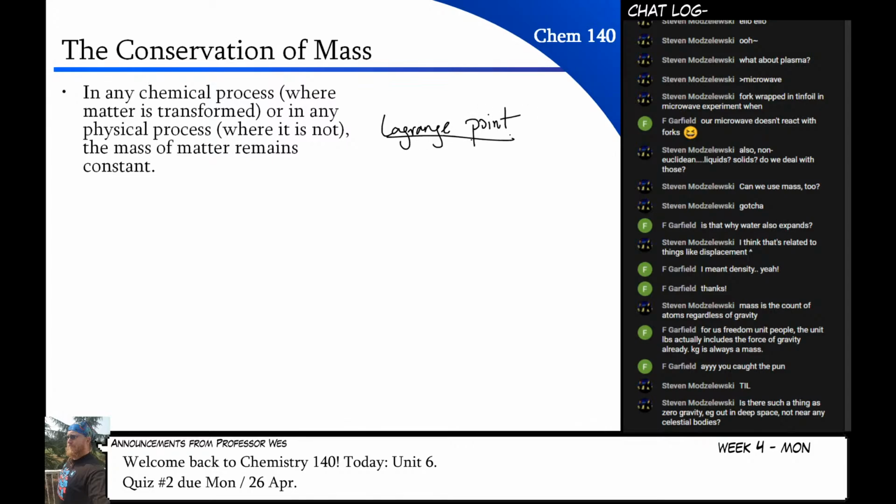So if you want to do some fun reading on Wikipedia about, hey, can I go somewhere where there's zero gravity? Yeah, find the Lagrange point. Technically, you would just stay there because both things would pull on you away from each other in opposite directions. Now, you could move orthogonal to that, and you would exit the Lagrange point. But it is a thing that exists.